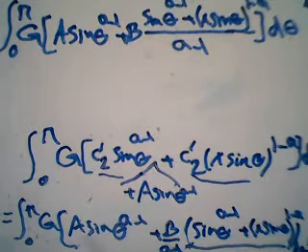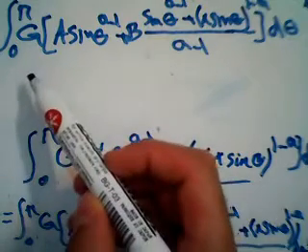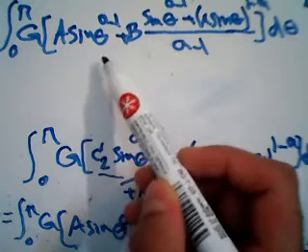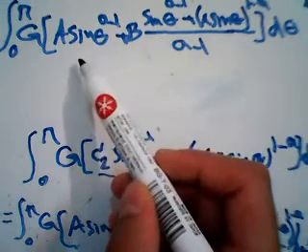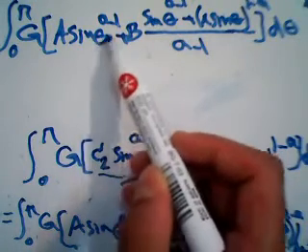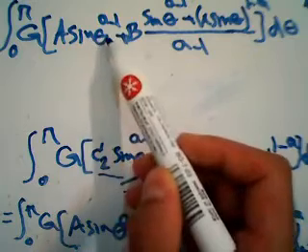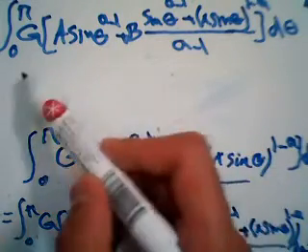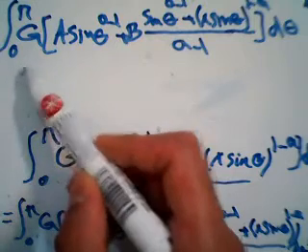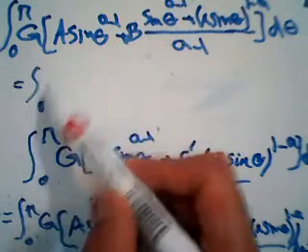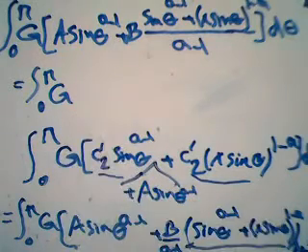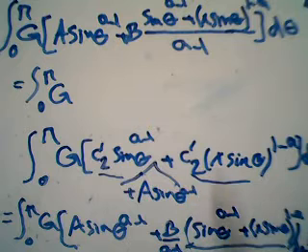Okay, so the limit of this as A approaching 1 would be here. This would be sine theta to the 0, which is 1. So the limit of this would be the integral 0 to pi G. The G, what was it?